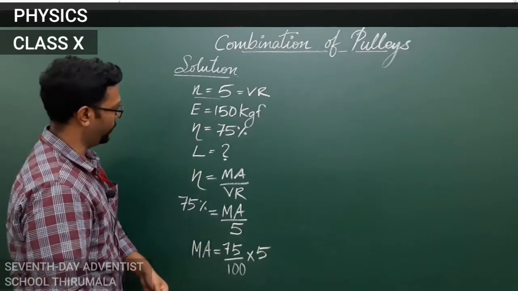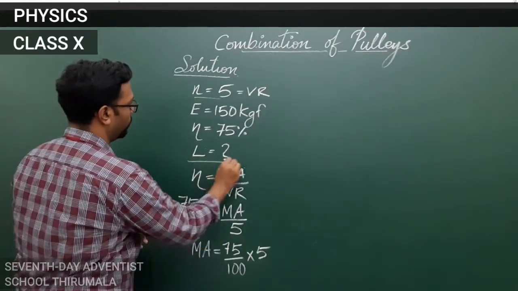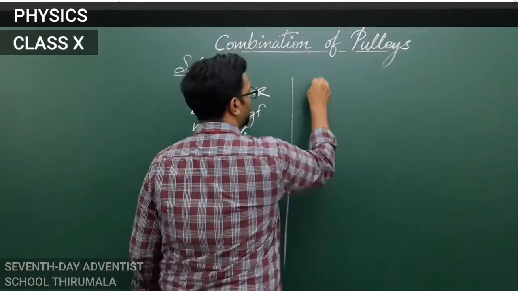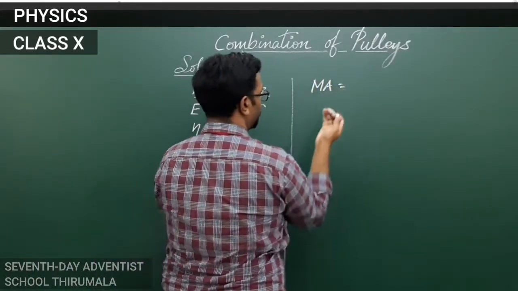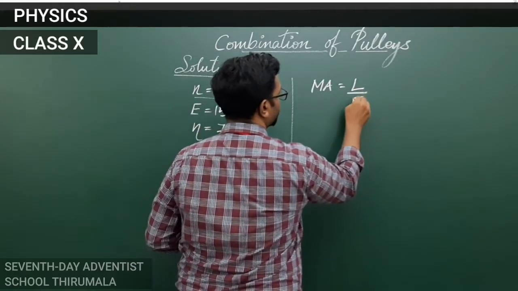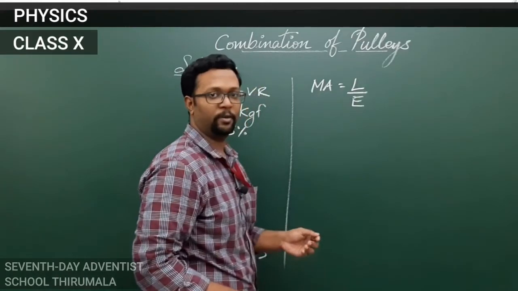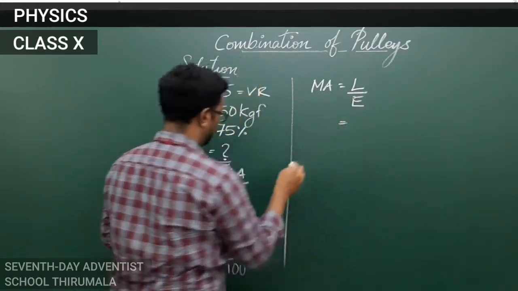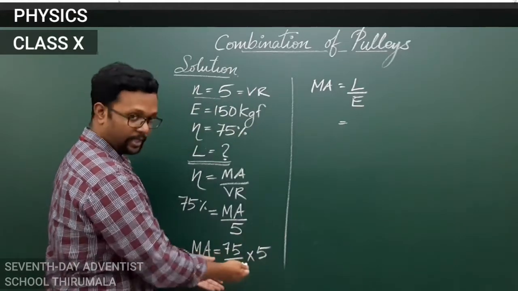Then we will continue with finding the load. How can we find load? Mechanical advantage is equal to load by effort. And here we know mechanical advantage as given over here.